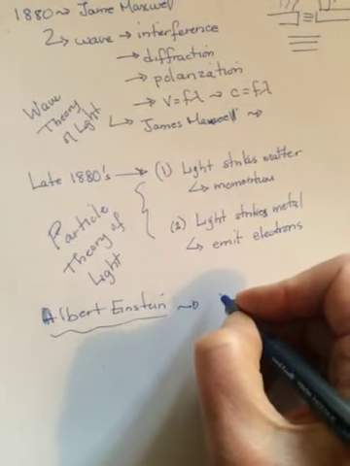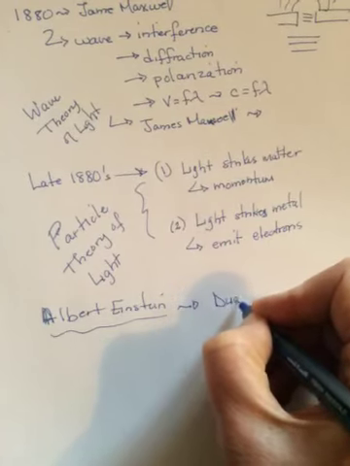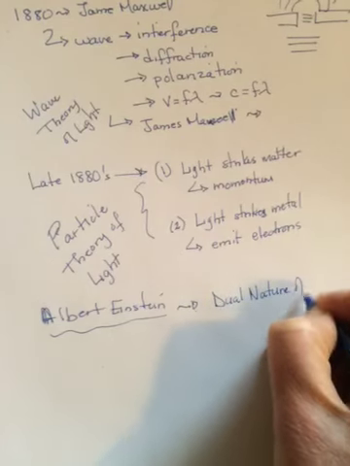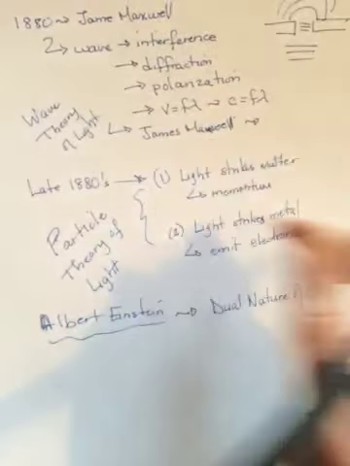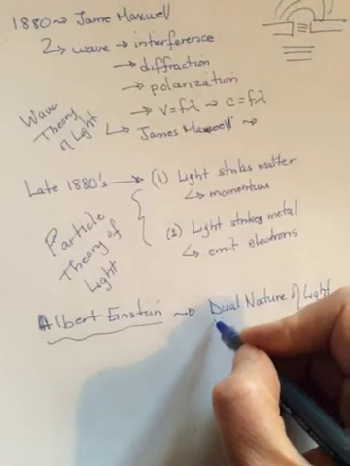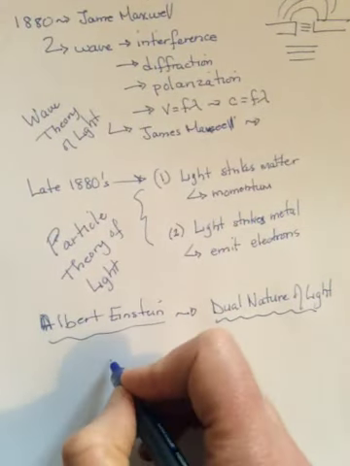He settles it by what he calls his theory of the dual nature of light. He recognizes that neither of these two theories can completely describe how we see light acting. And he says, well, maybe light has a dual nature.